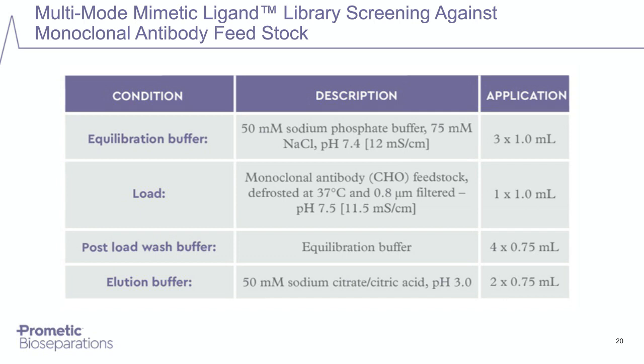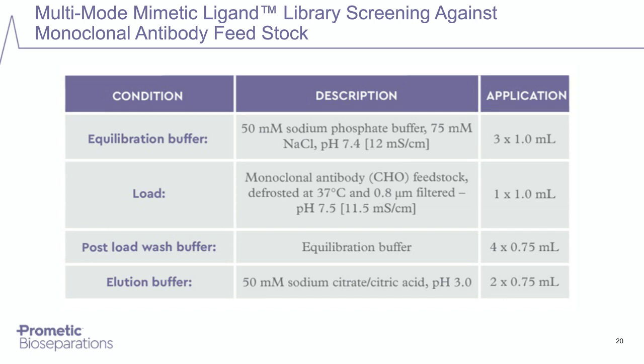Generally speaking, that's because acidic buffers work quite well for antibody elution off a whole range of different types of adsorbents, particularly protein A. So we used an acidic elution step here. We can use other sorts of elution buffers depending upon the nature of our protein.